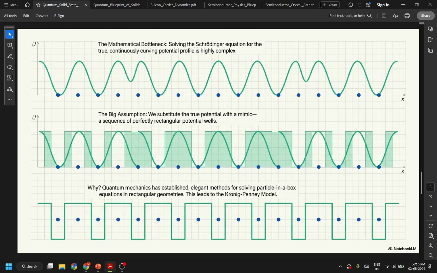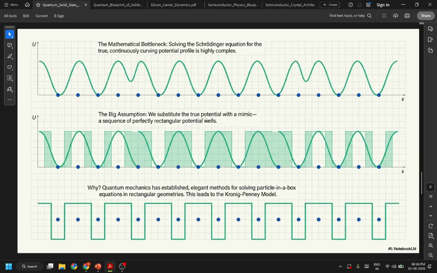So if we try to solve the Schrodinger equation for this true continuously curving potential profile, it will be very highly complex. So what we can do is we can consider this atomic potential as a well, and this height as a barrier.